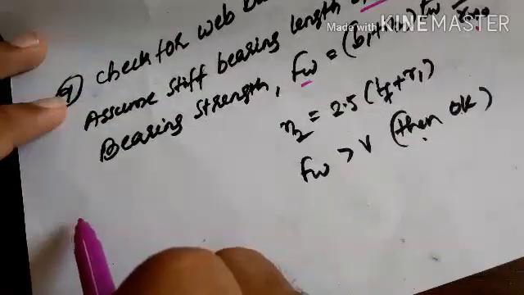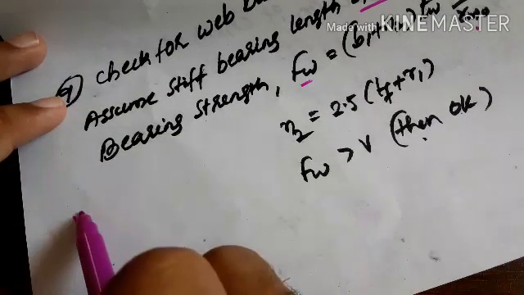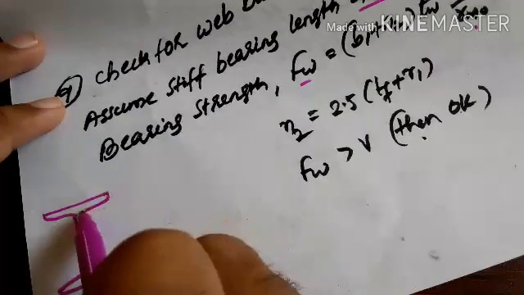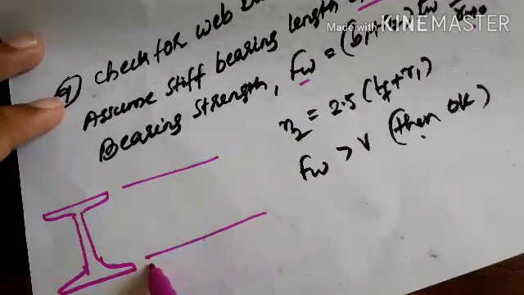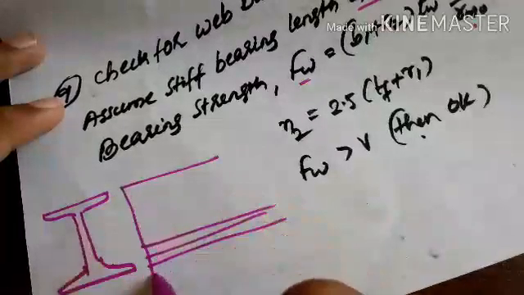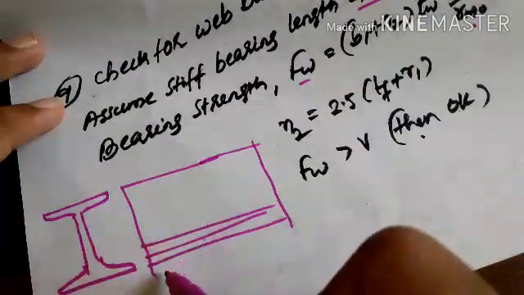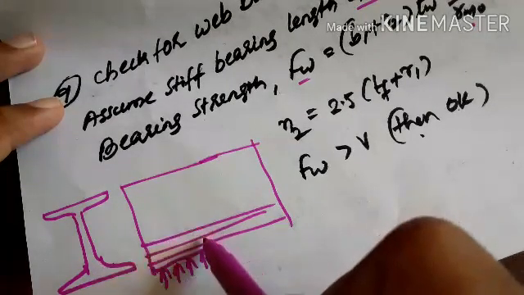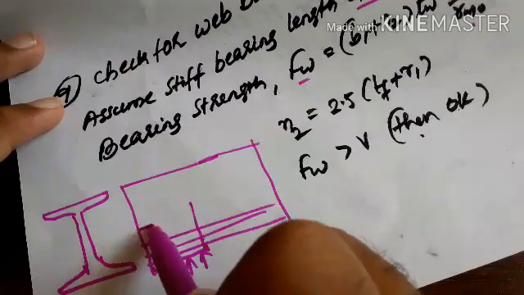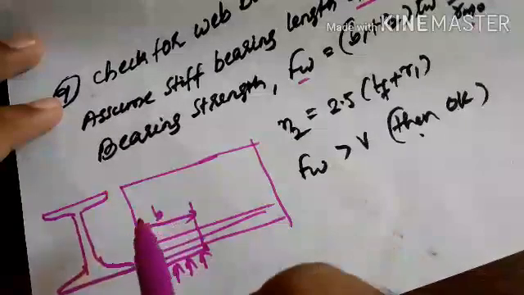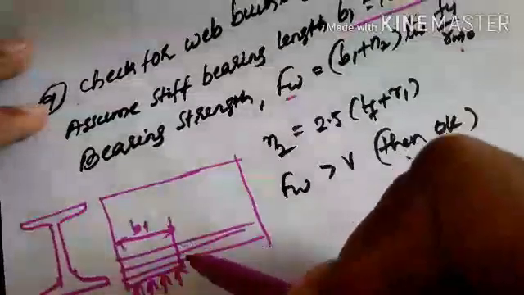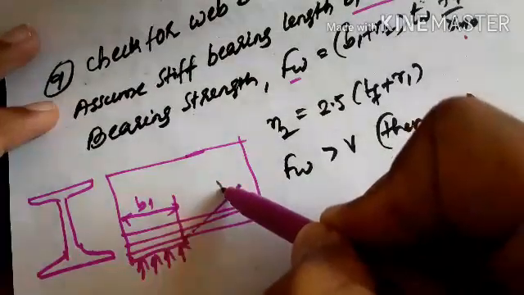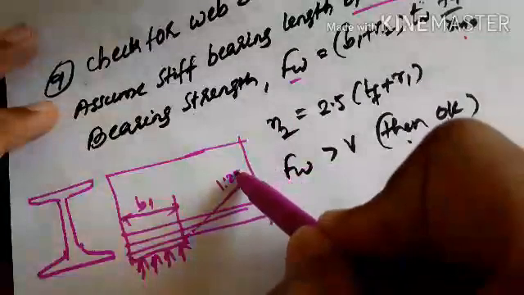As you know, this is the I section. If this is the stiff bearing length, this much is b1, and the load dispersion under the support is at a ratio of 1 is to 2.5.